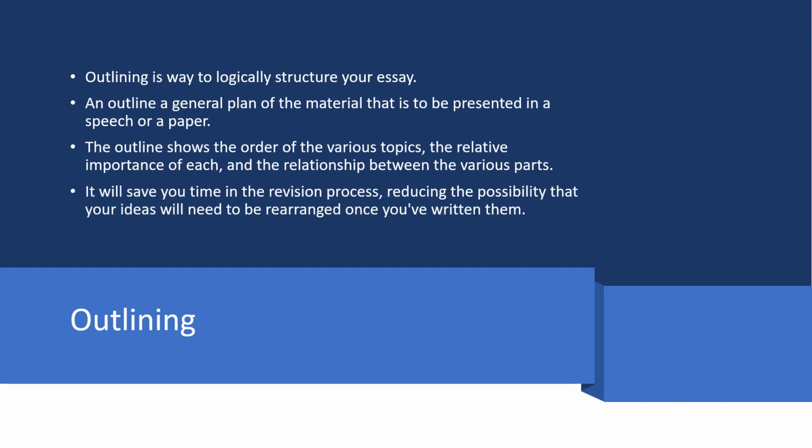An outline will also help you save time in the revision process, because through an outline, you will reduce the possibility that your ideas will have to be rearranged once you have written them. So an outline is a practical way of structuring your essay.